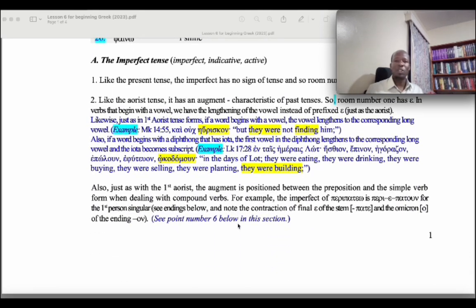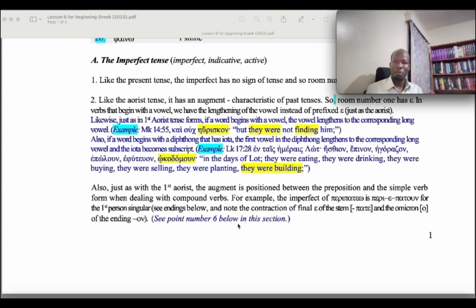We also talked about the rules of lengthening. If a verb begins with a consonant, it is easier: you can just prefix the epsilon.